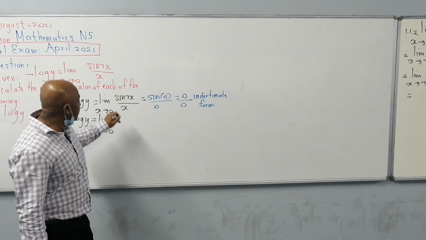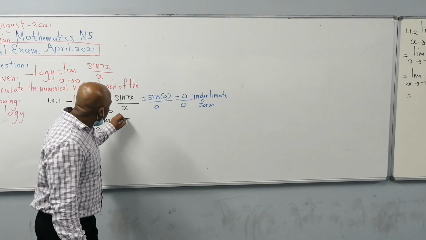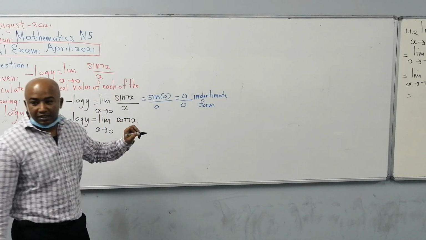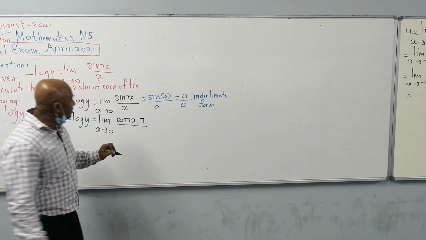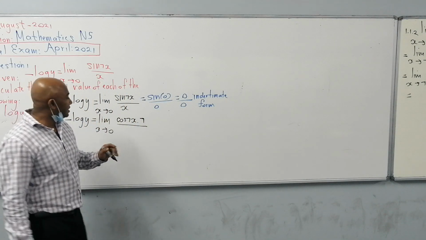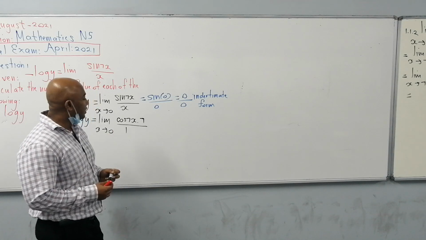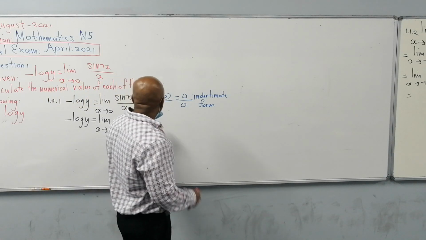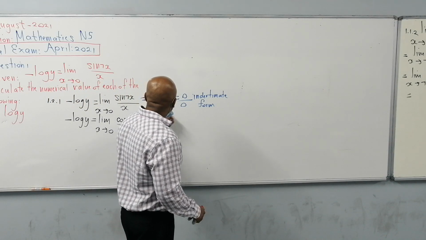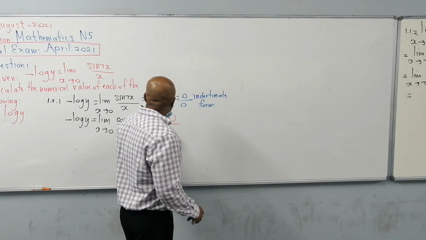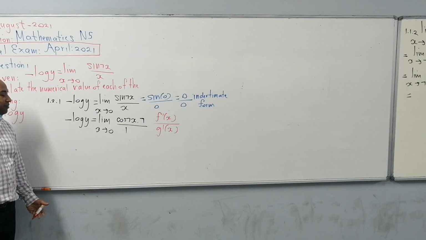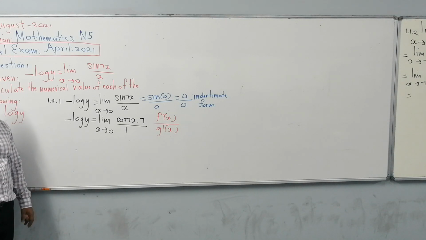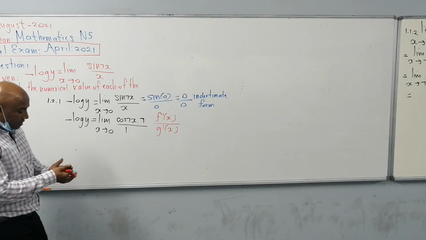The derivative of sine 7x is going to be cos 7x times the derivative of 7x, which is 7, all divided by the derivative of x, which is 1. So what did we do? We found the first derivative of the numerator and the first derivative of the denominator. What do we do? Simplify. Well, there's nothing much to simplify. Right, let's go and substitute straight.